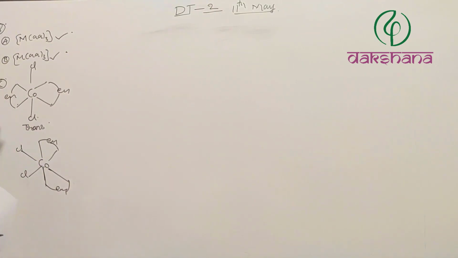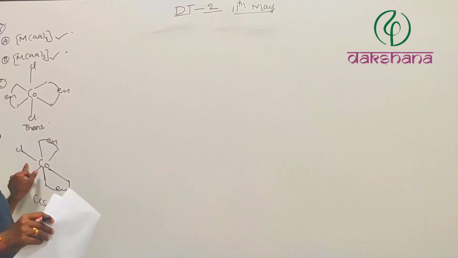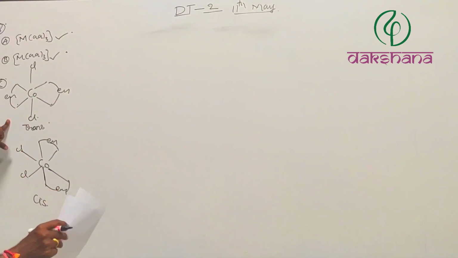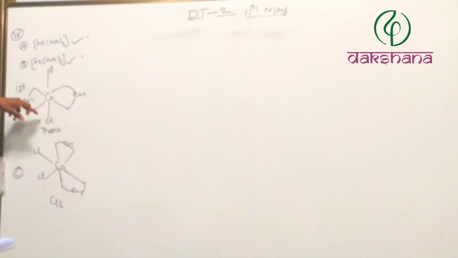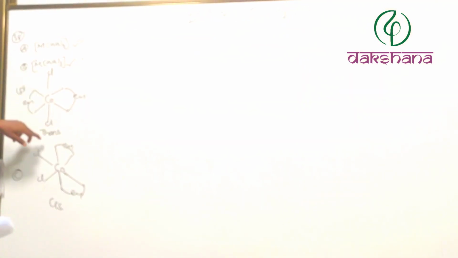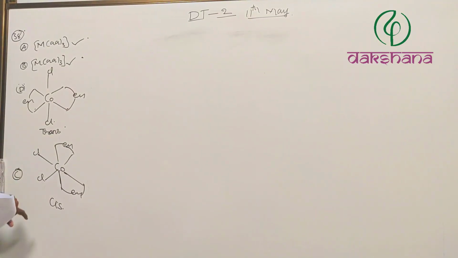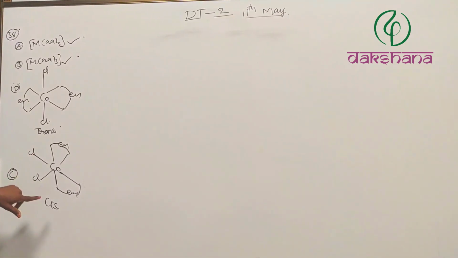According to cis and trans, if the bond angle is 90 degrees then it is going to be cis, and if the bond angle is 180 degrees then it will be trans. From that, here there is no plane of symmetry, so it is optically active. For the other, if the angle is 180 degrees then it is going to be trans, and if it is 90 degrees then it will be cis.